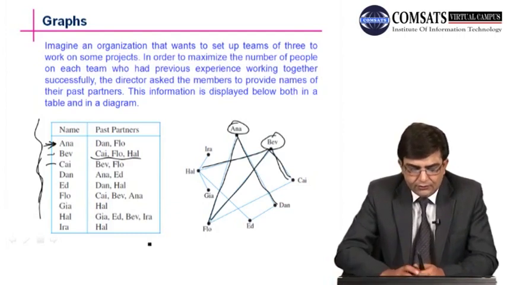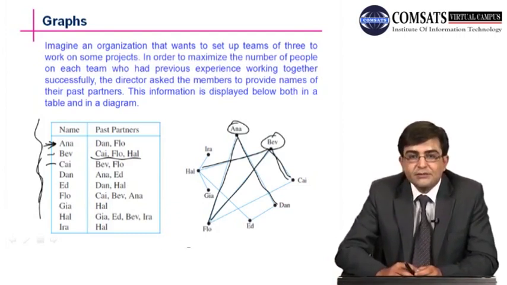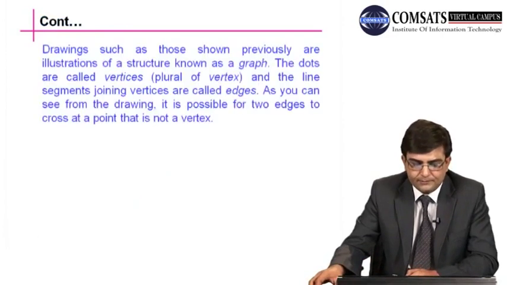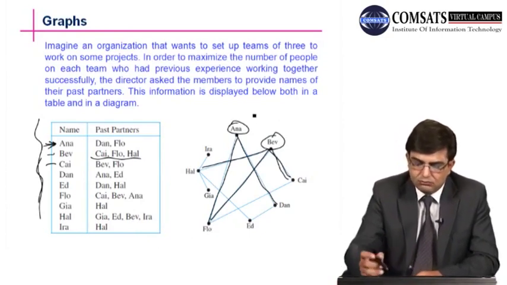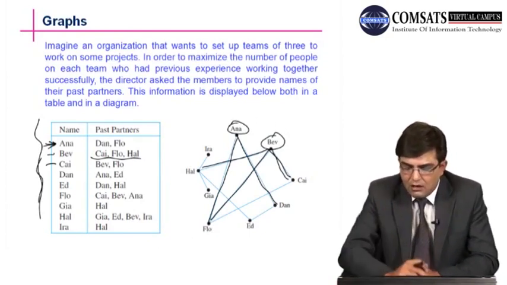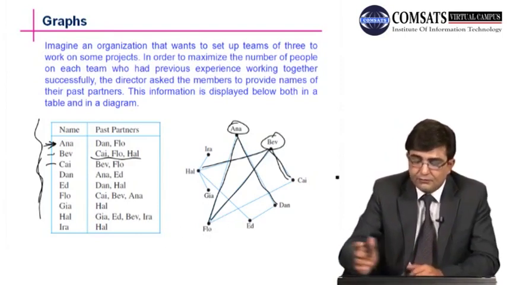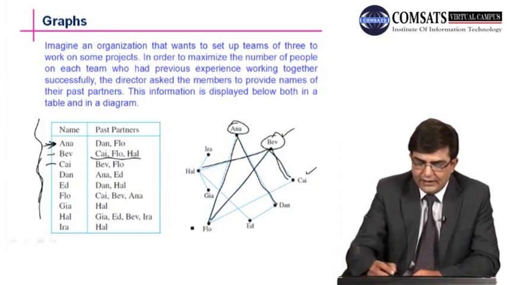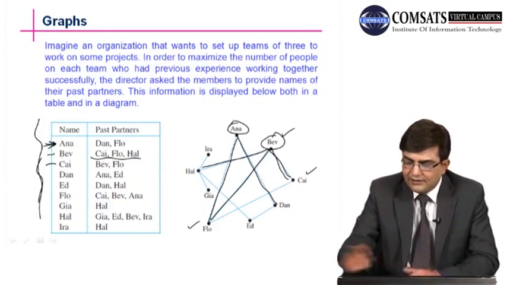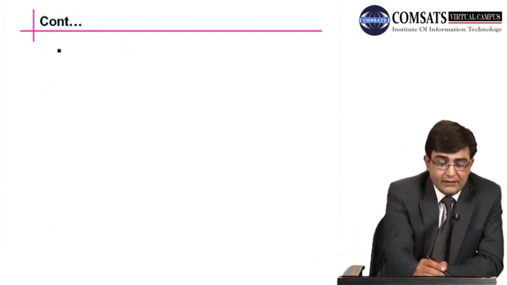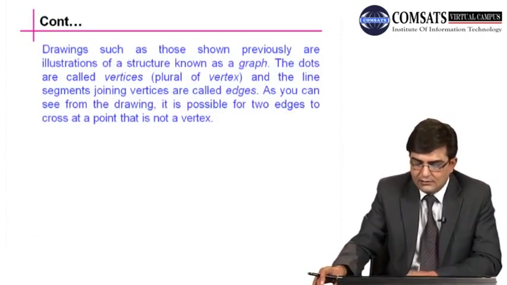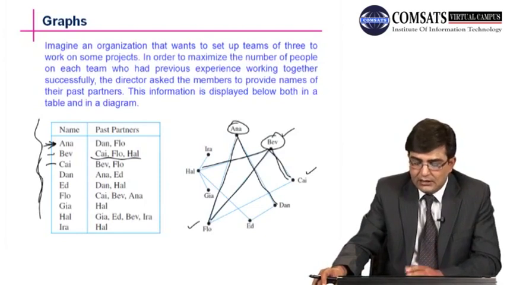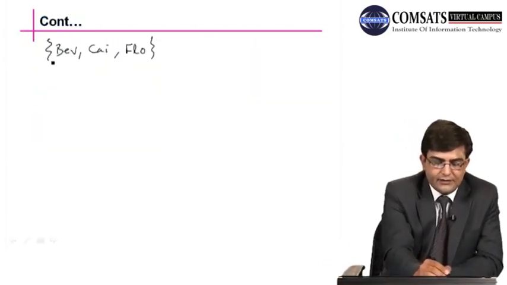What is basically the solution? For example, to set up teams of 3 to work on some new projects. If we set up a team of Bev, Sia and Flu, this is one team the director has decided on.